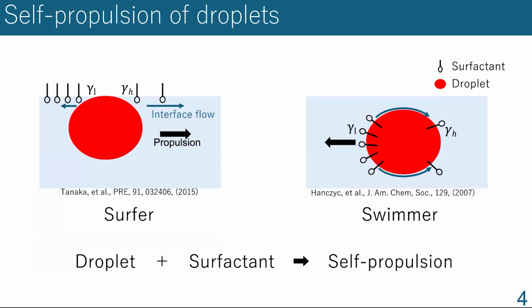As an example of a droplet system, there is self-propulsion of droplets. When the droplet system has an interfacial tension gradient, the droplets spontaneously move on the surface of the solution or in the solution.